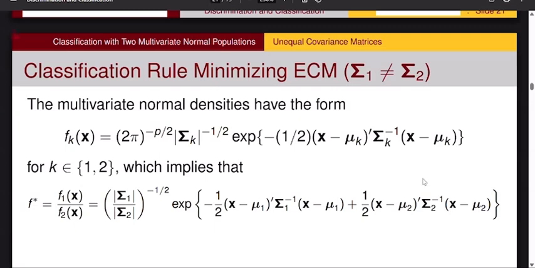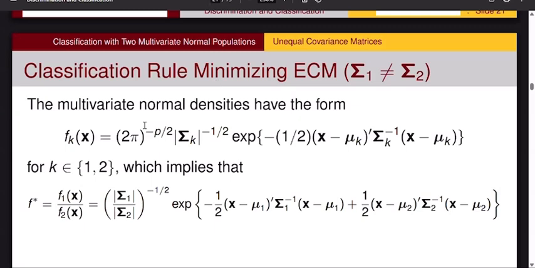That's what you're seeing here. Where they are not the same, the technique becomes what I call quadratic discriminant analysis. I'm going to say that again. Where the covariance structures are the same, we call the technique linear discriminant analysis. But where the covariance structures are not the same, we call that quadratic discriminant analysis.